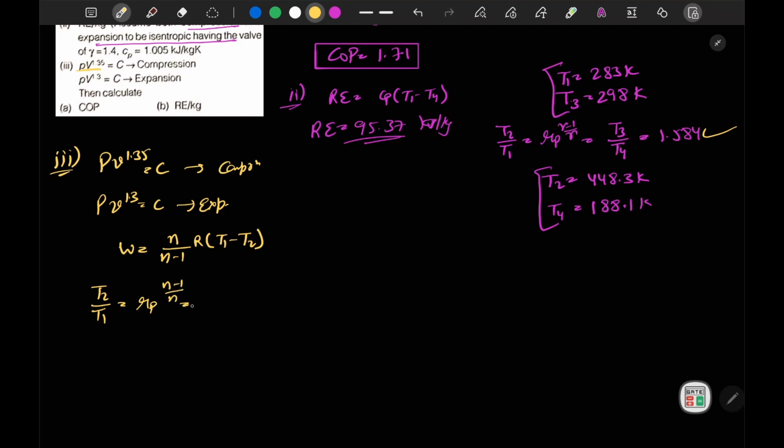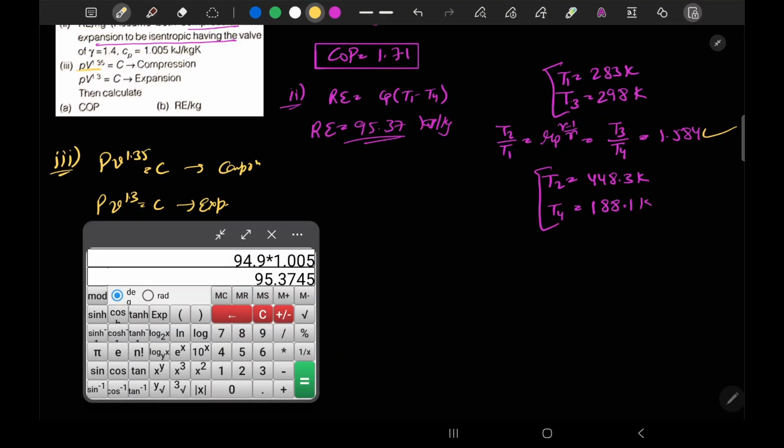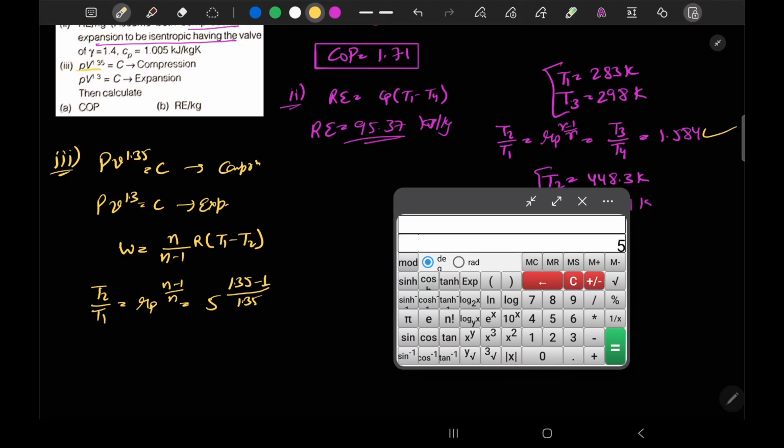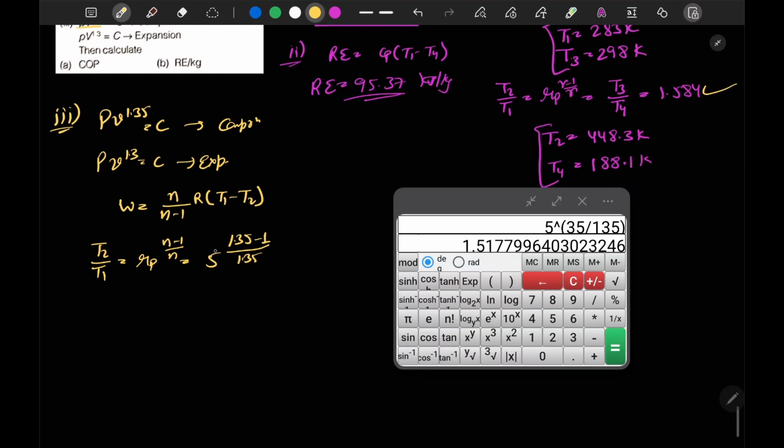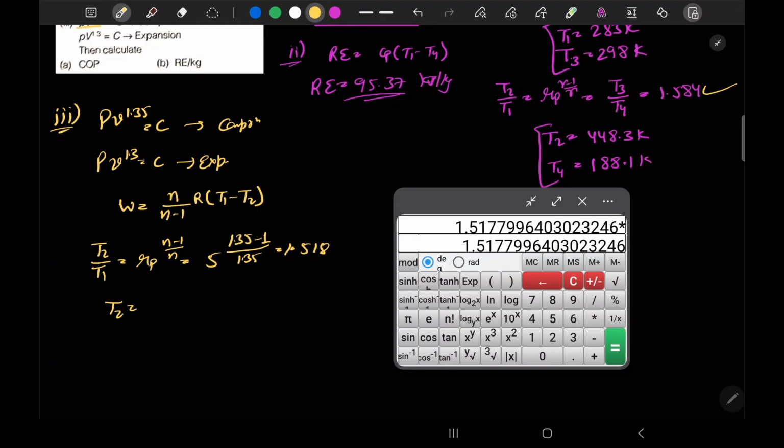Here the value will be 5 to the power 1.35 minus 1 upon 1.35, so 5 to the power 0.35 divided by 1.35, and this comes out to be this term. From here I can find the value of T2 is equal to T1 times of this, 1.518, into T1 value which is given as 283.